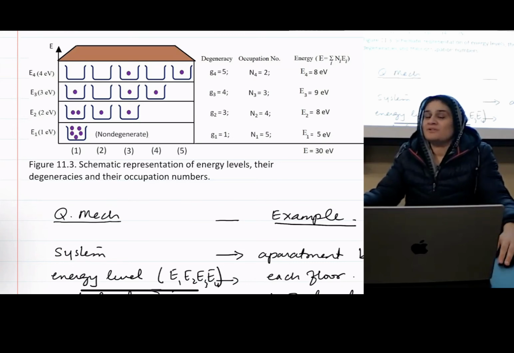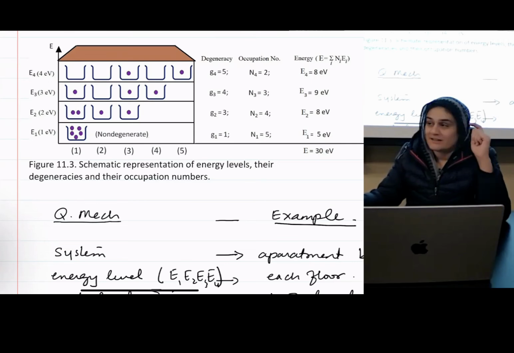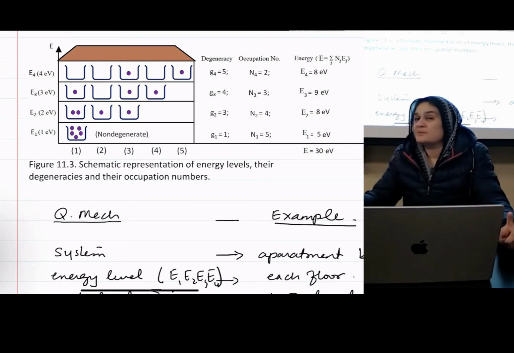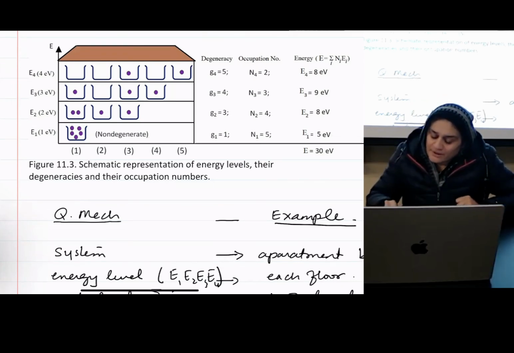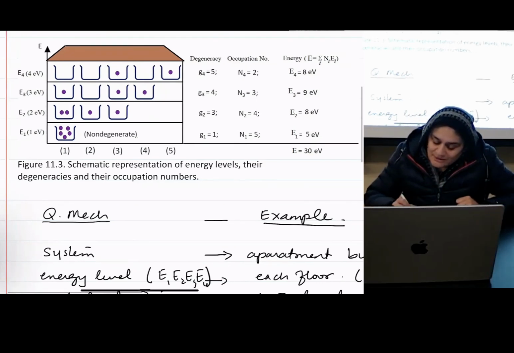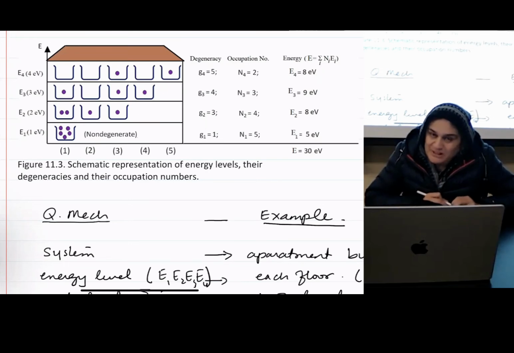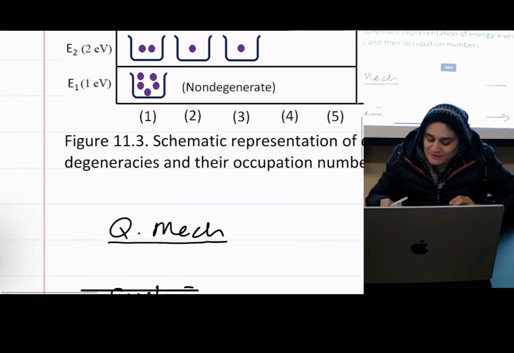So the energy is actually 1.6 times 10 to the minus 19, and the units will be joules. Okay, so what's the degeneracy of level 1? How many apartments? 1. So what's the degeneracy?